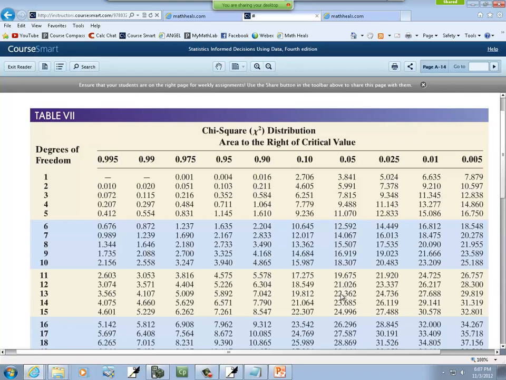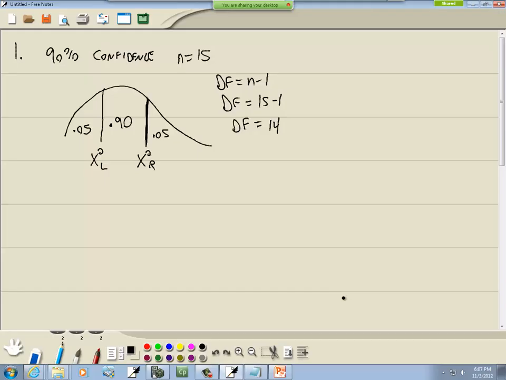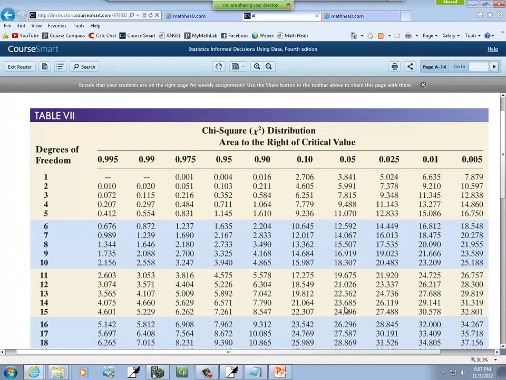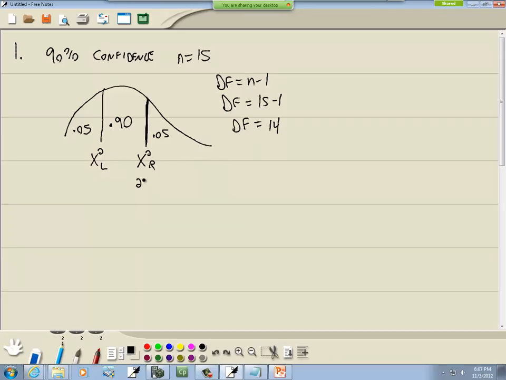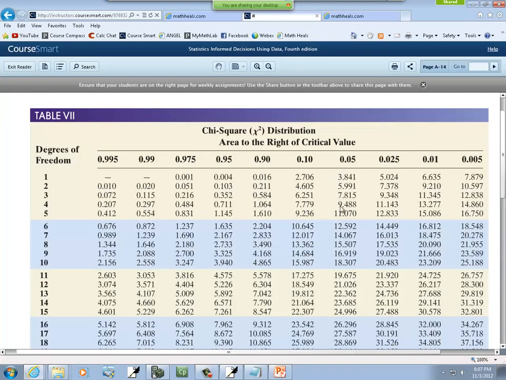So I go down to 0.05 and I go down to 14. Yeah, 0.05, 14 would be 23.685. So 23.685. Again, I looked at the area to the right of this, which is 0.05, and I'm using degree of freedom 14. 0.05, 14, 23.685.